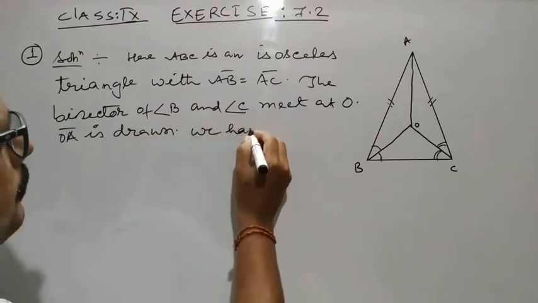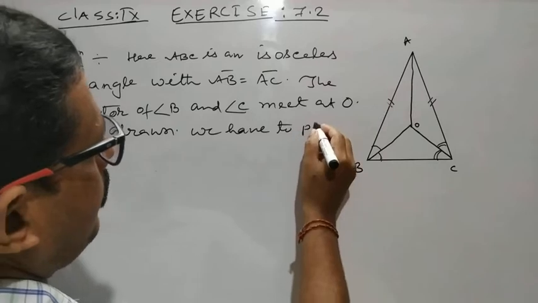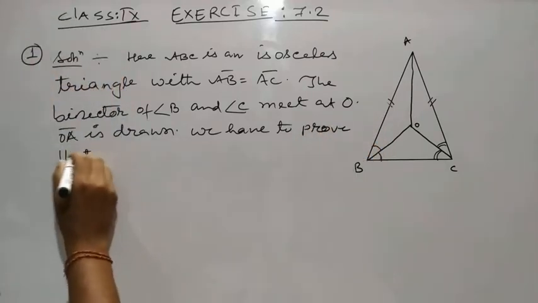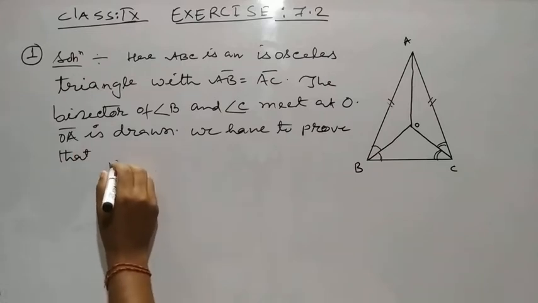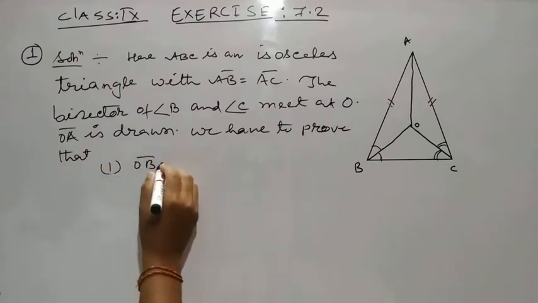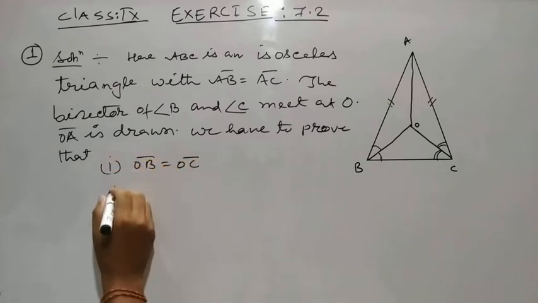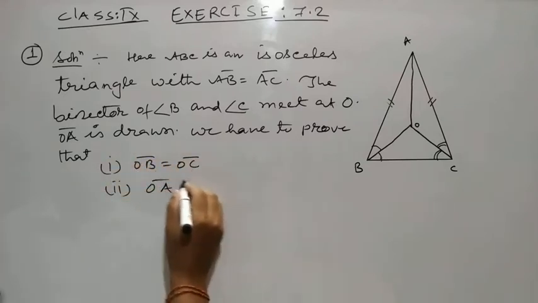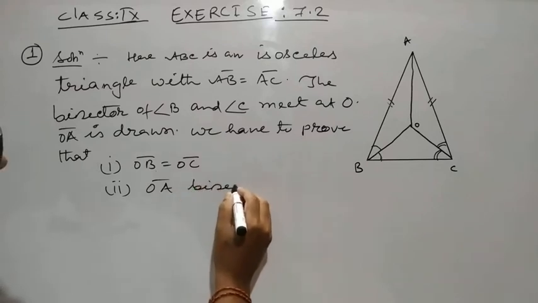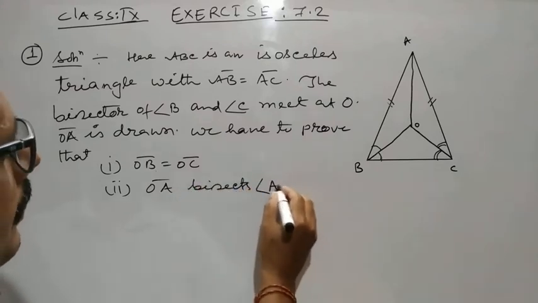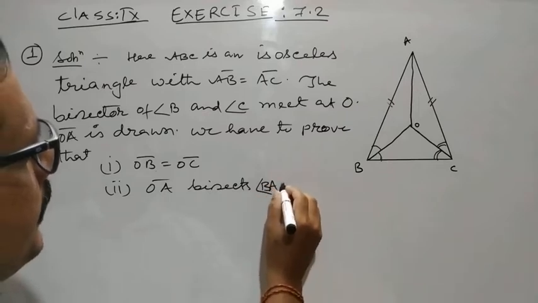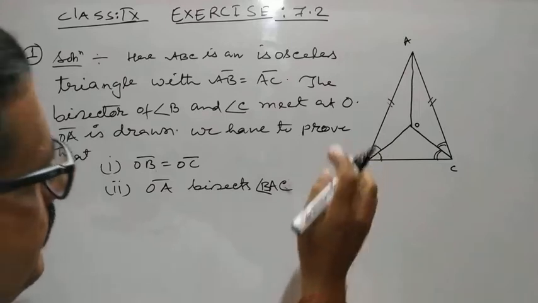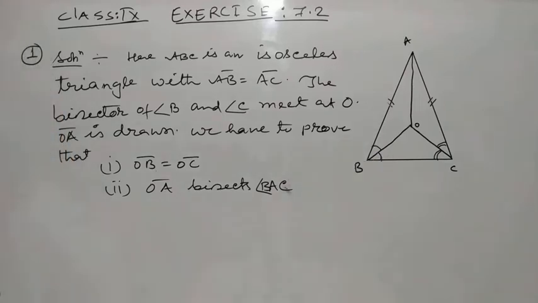We have to prove that number 1, OB equal to OC. Number 2, OA bisects angle A. A means BAC. OA bisects angle A, that means OA bisects angle BAC.